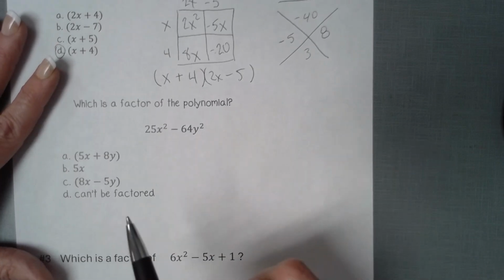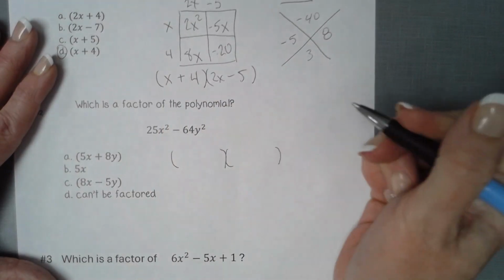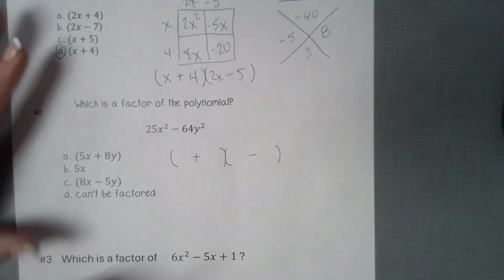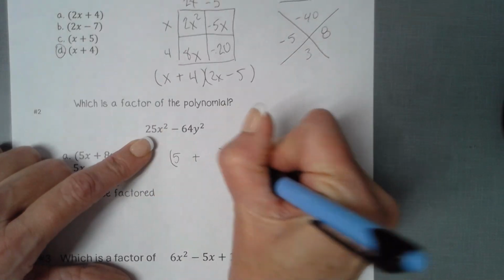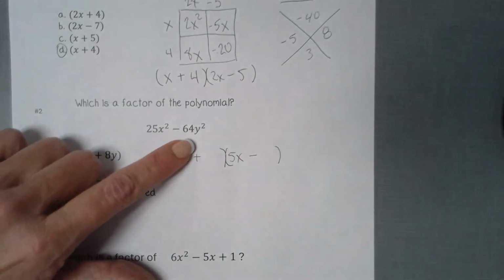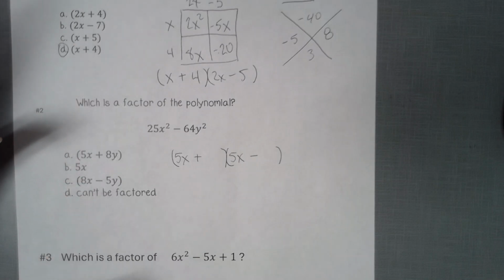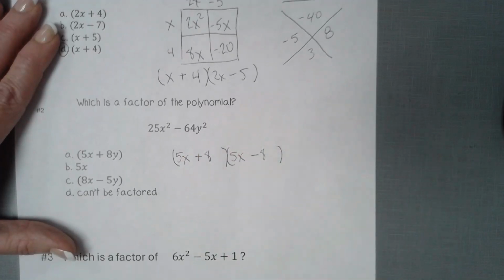This is a difference of perfect squares. And I showed you all the pattern. The pattern is one side plus, one side minus. 25 breaks down into 5 and 5. X squared breaks down into x and x. Tell me about 64. It's got to be the same numbers. 8 and 8. Tell me about y squared.